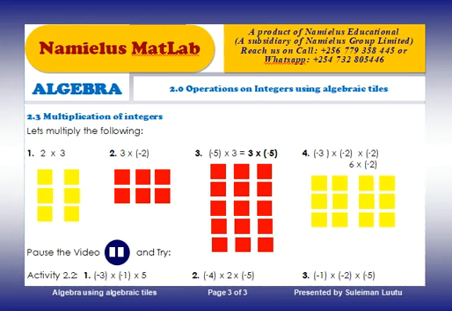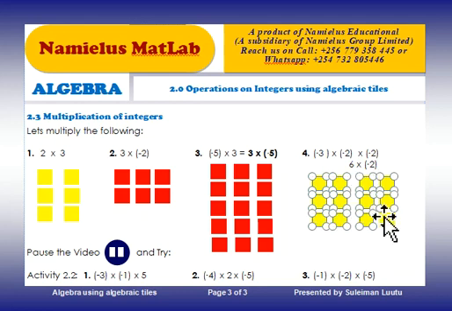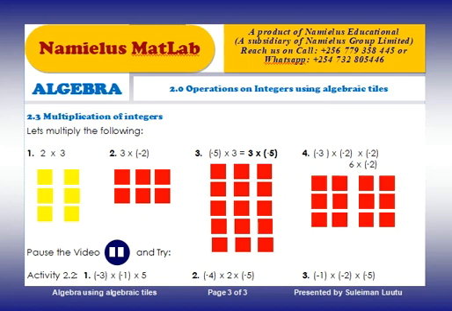Positive 6 2 times. But then those 2 times are negative. So it changes the whole of these to negatives. So that's 6 times 2, but negative. That changes everything to negative. And now, as the answer, we get negative 12.